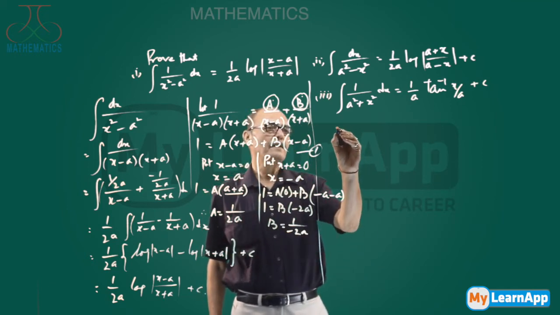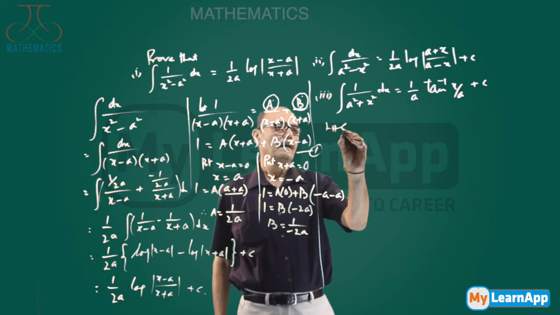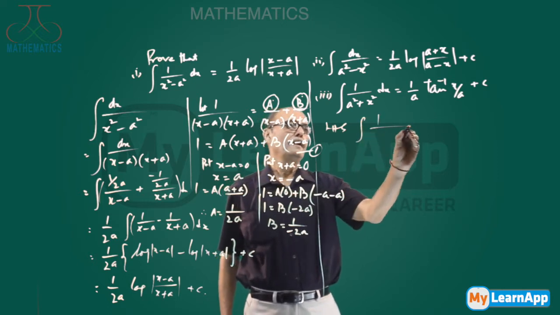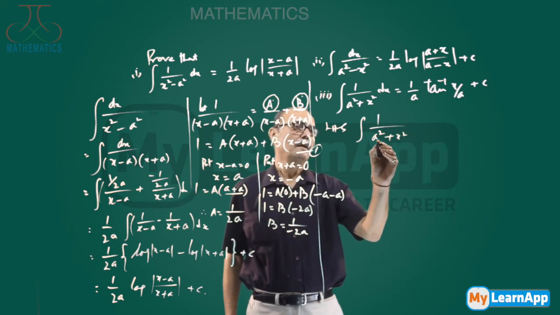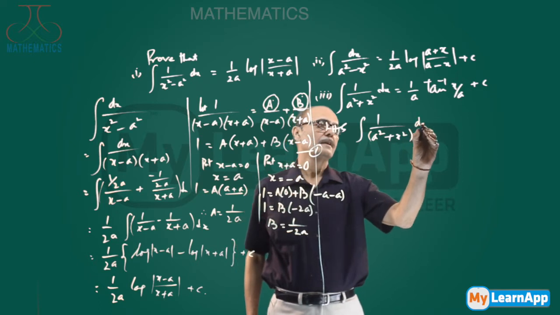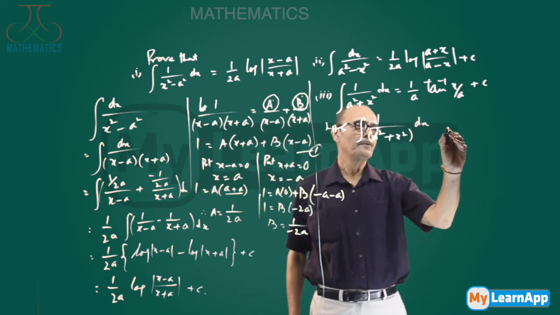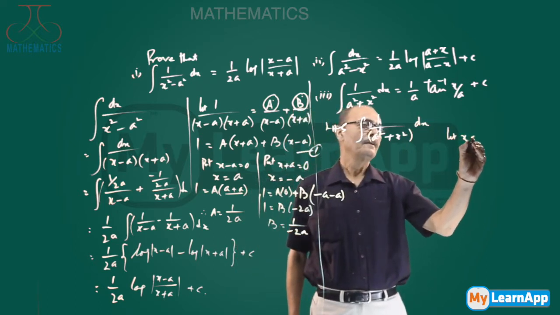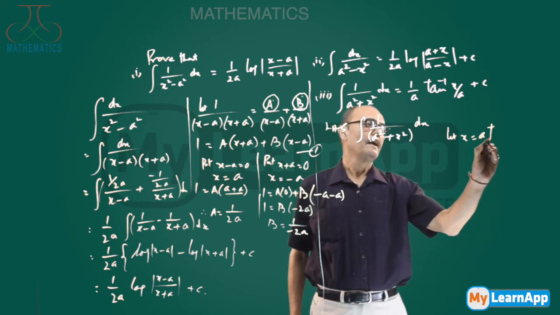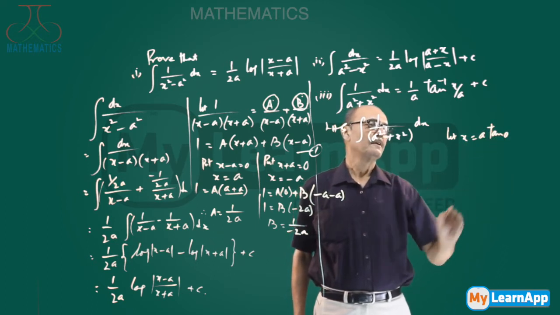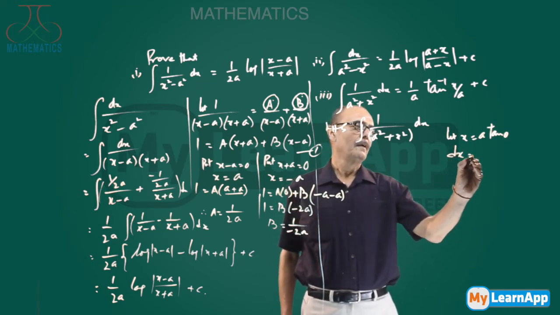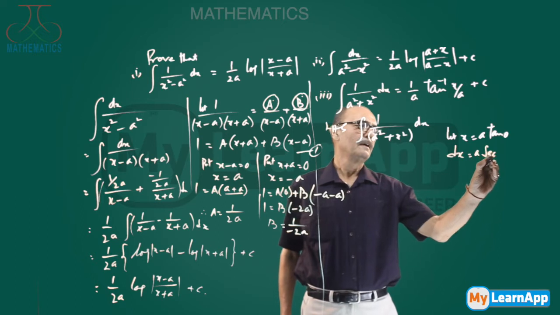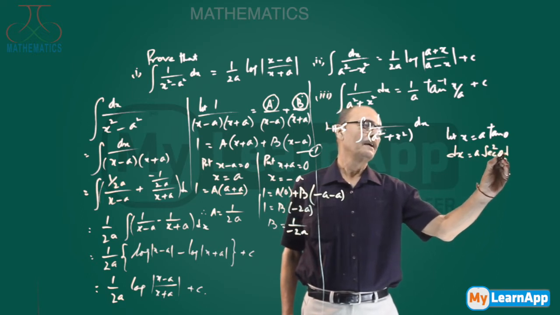So, if you take the left hand side, this is integral of 1 upon a square plus x square d of x. Make the substitution, let x equal to a tan theta. So, dx equals a secant square theta d of theta.